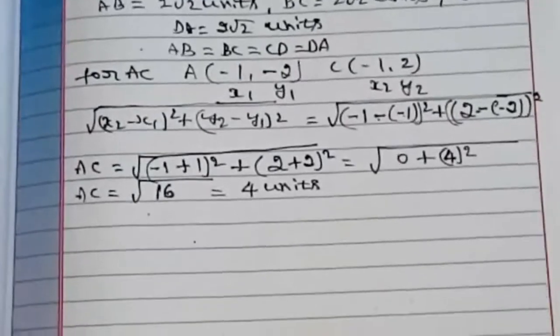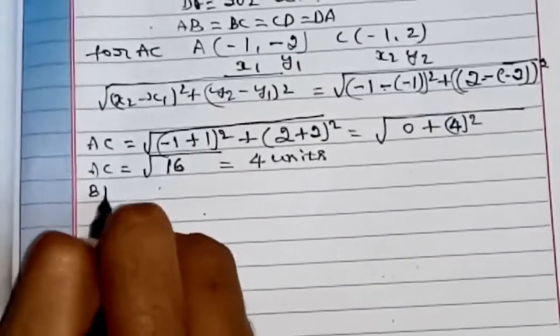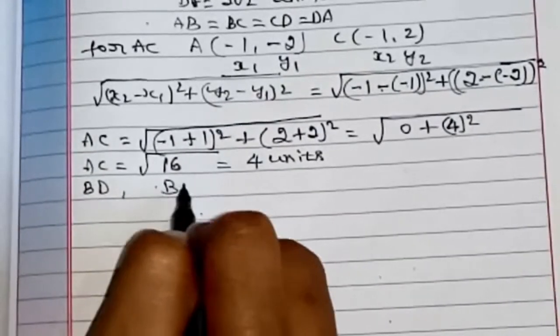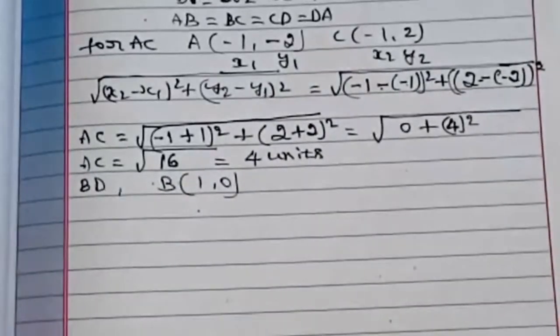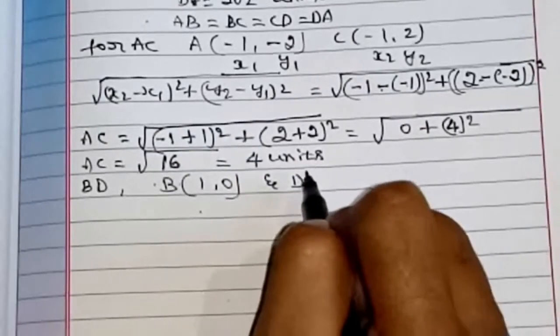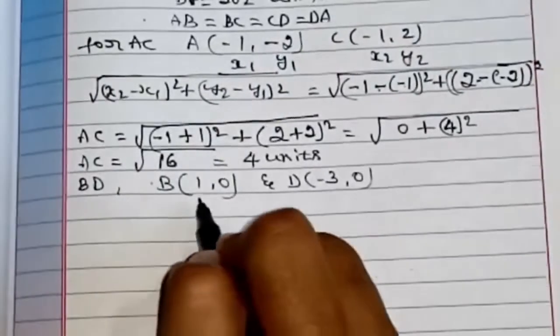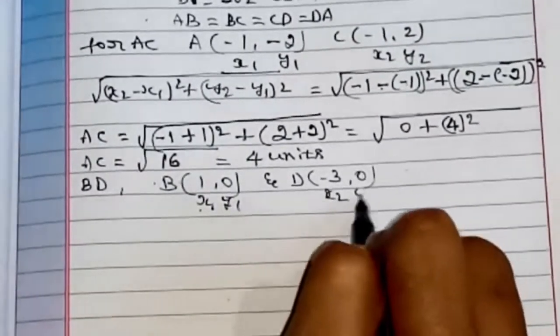Now find the distance between B to D, right? What are the coordinate points of B and D? B of 1 comma 0 and D of -3 comma 0, right? Now as usual, write down this one as x1, y1 and this one as x2, y2.